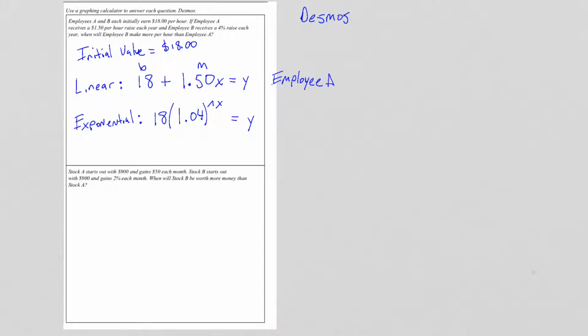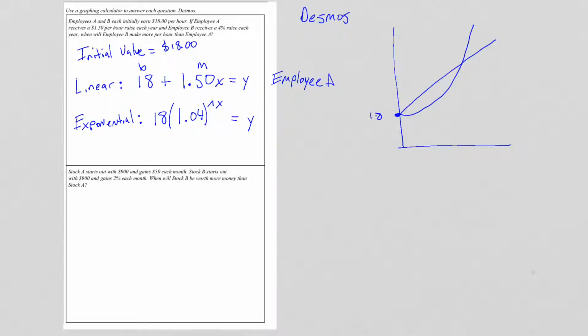And then what we're going to do is, in a moment on our homework, I'm just setting up the situation that you're going to have to do in the homework. You're going to go to Desmos, and you're going to type in both of these equations. And what you're going to get is one's going to be a line, and one's going to be a curve. Now they both start at the same spot, right?